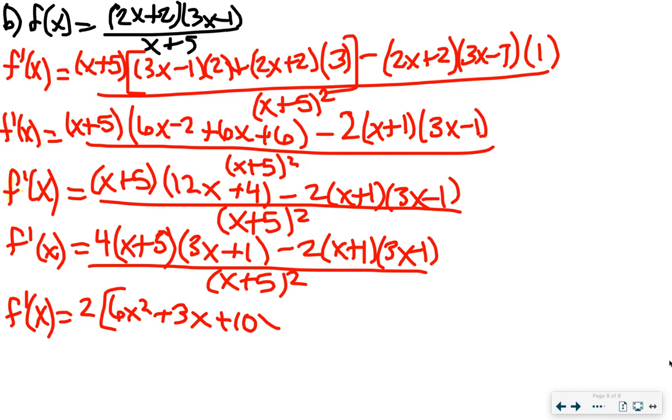Oops, just 10. And then I'm going to have minus 3x squared. And what do we get? Minus 2x plus 1.